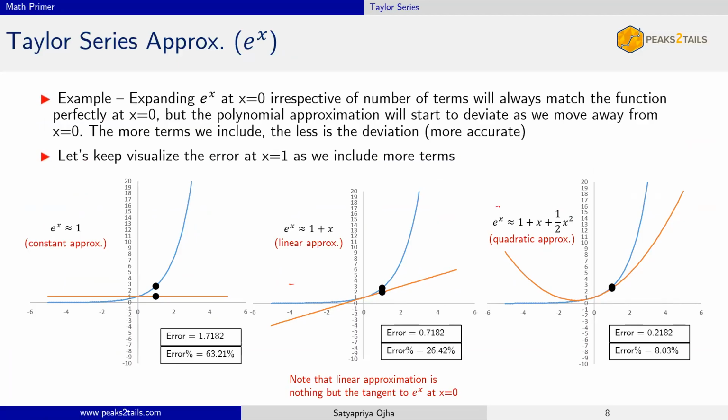See this one. I expanded it for x at x equal to 0. I got this new kind of function that approximates e to the power x. If you want to evaluate e to the power 1, I'm saying do not calculate this explicitly.